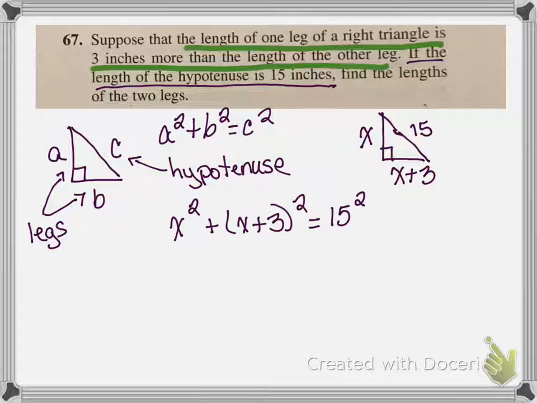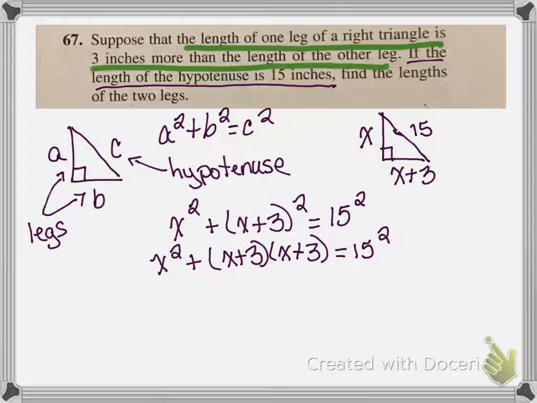So, I'm going to leave my x squared alone. What do I have to do with x plus 3 squared? What do I have to do with it? I think I heard somebody say FOIL it. So I want you to FOIL x plus 3 times x plus 3 right now.